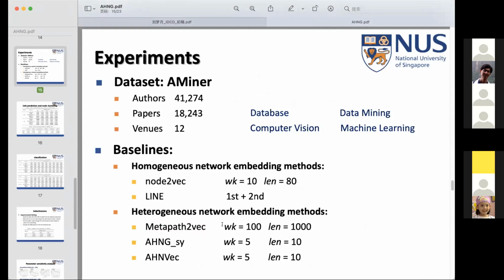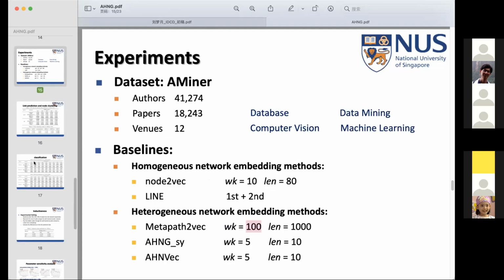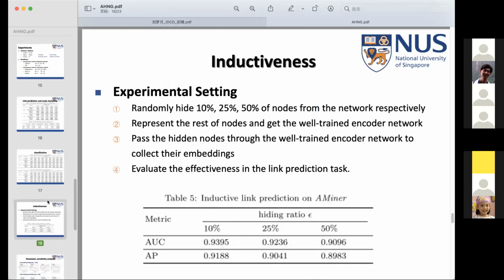You can see it may set the walk length as 1000 and walk on each node 100 times. But in our model, we just need to, sorry.